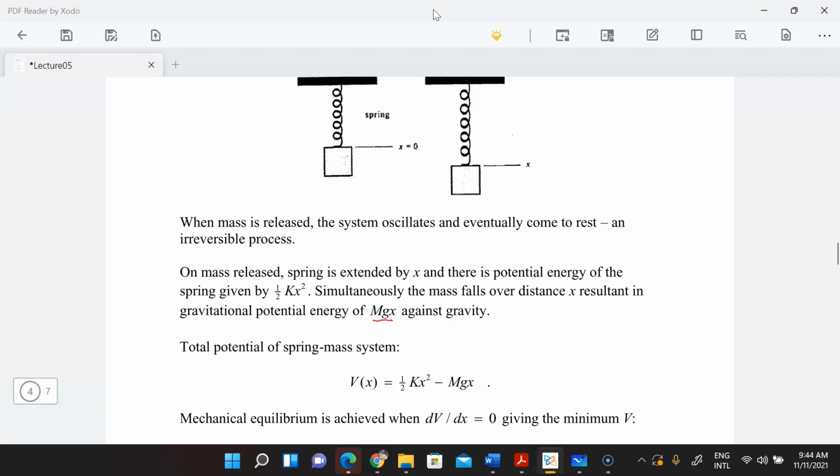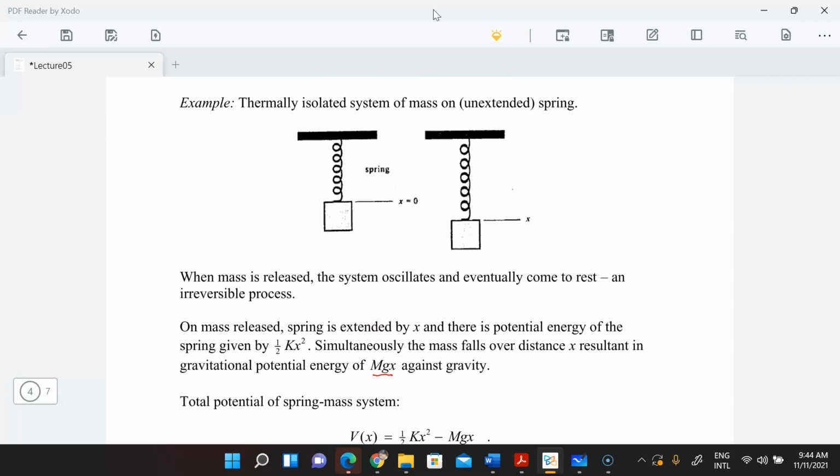The total potential in this particular case is just like your internal energy in the previous example. The total potential is given by half kx squared minus mgx.